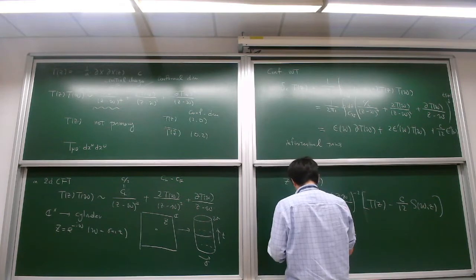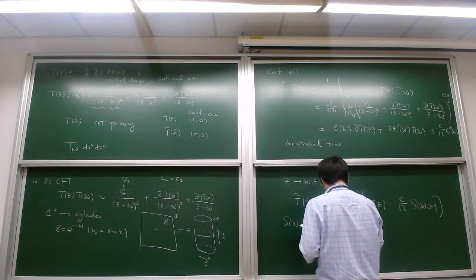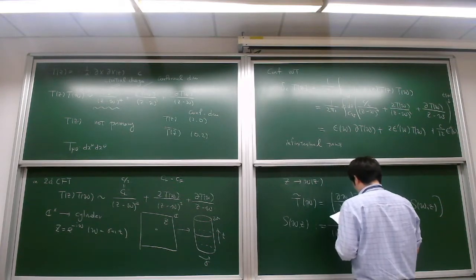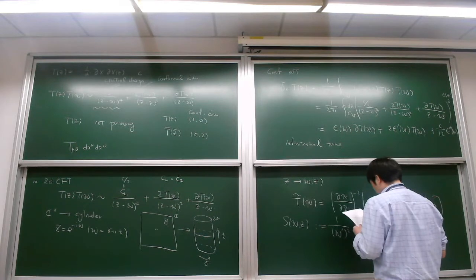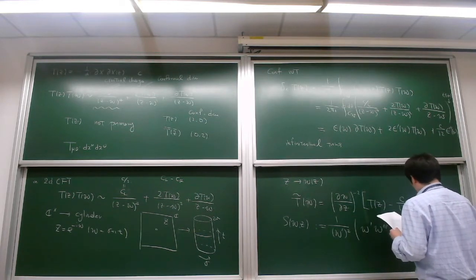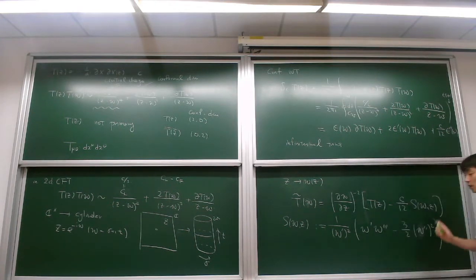So this is defined as w''' over w' minus 3 over 2 times (w'' over w') squared, and this is called the Schwarzian derivative.